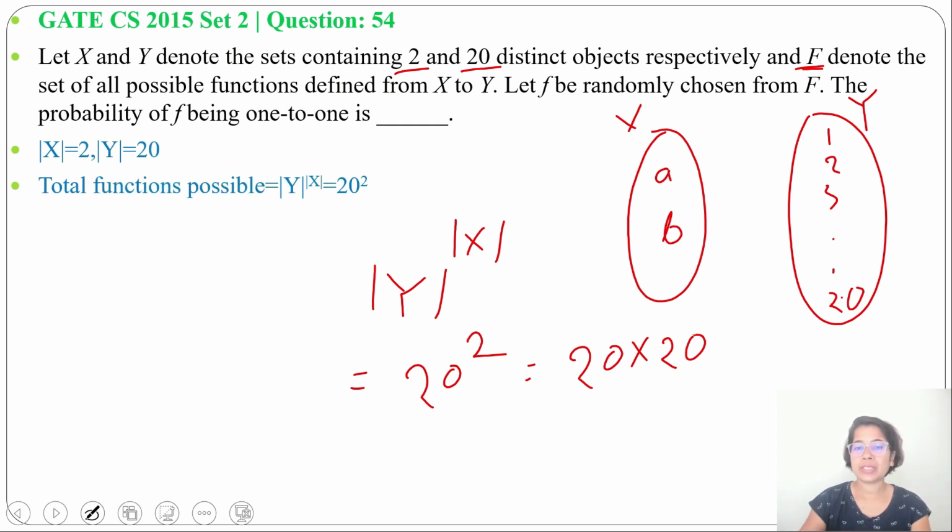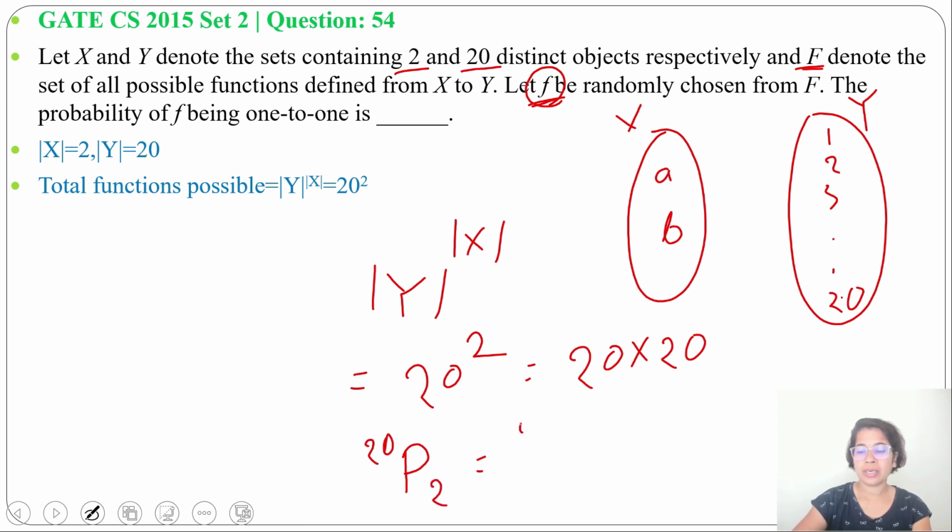Now from this we will choose f randomly, and this small f denotes the one-to-one functions. So how many one-to-one functions are possible from set X to set Y? It's a permutation of Y, which contains 20 elements, taken 2 at a time.